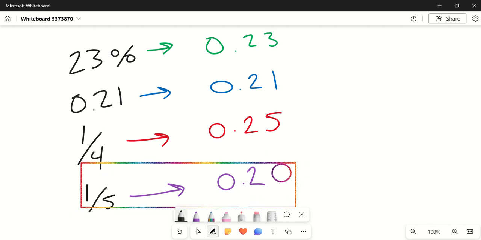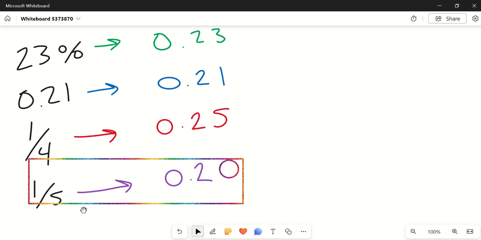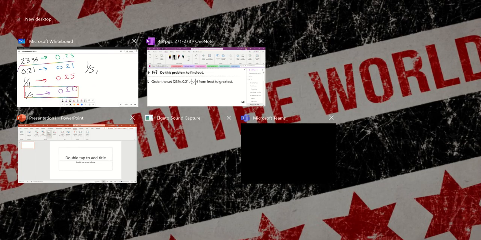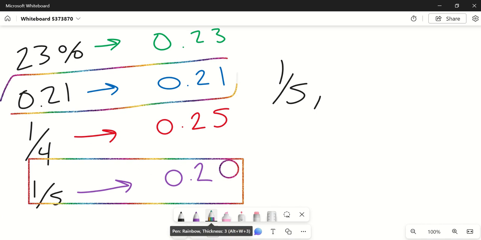Therefore, from least to greatest, we're going to go ahead and move this board over a little bit. From least to greatest, it'll be 1/5. The next smallest one will be the 21, or the 0.21 as it was originally.